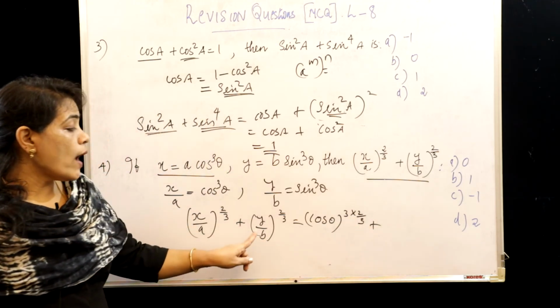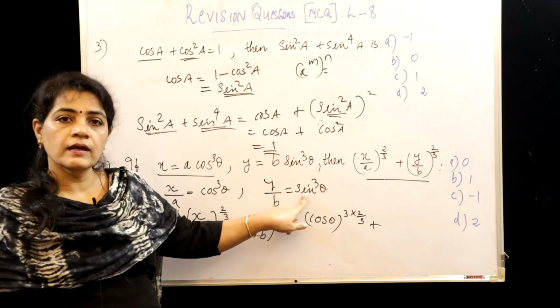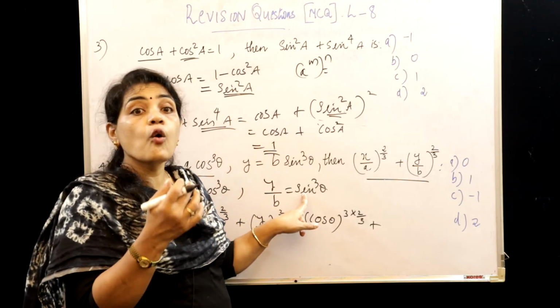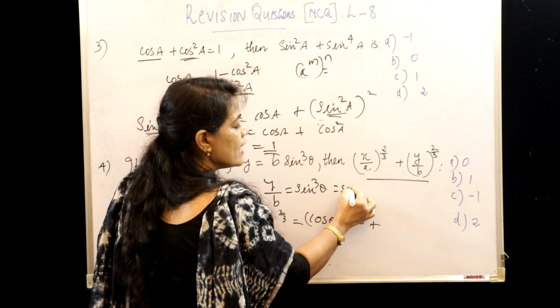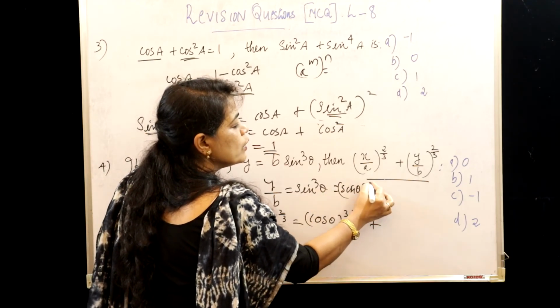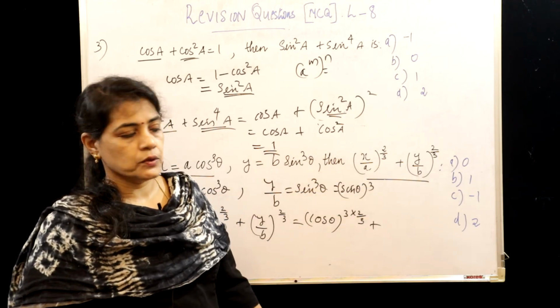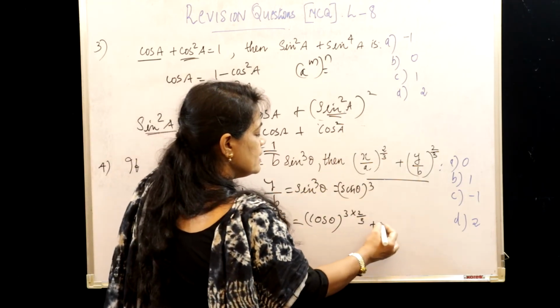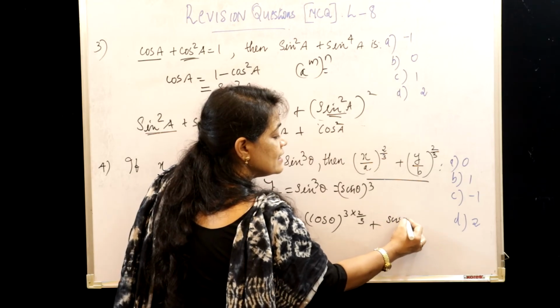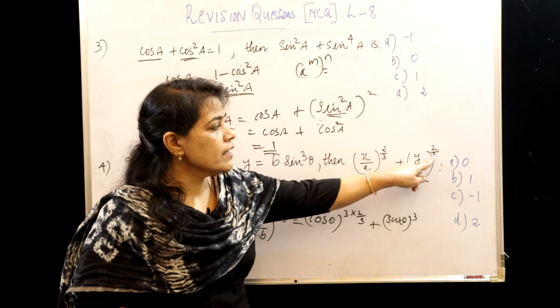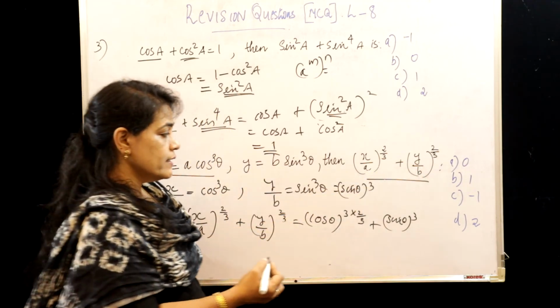Plus y by b, that is sin cube theta. Sin cube theta is sin theta whole cube. See children, sin theta whole cube. So here I am writing sin theta whole cube for y by b, and its power is 2 by 3. We should get its value.